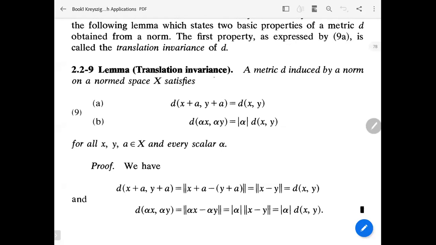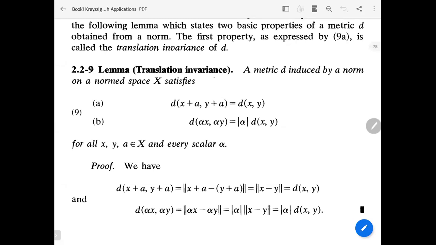So if you translate x and y using the vector a, the distance remains invariant. The distance between x plus a and y plus a is the same as the distance between x and y.